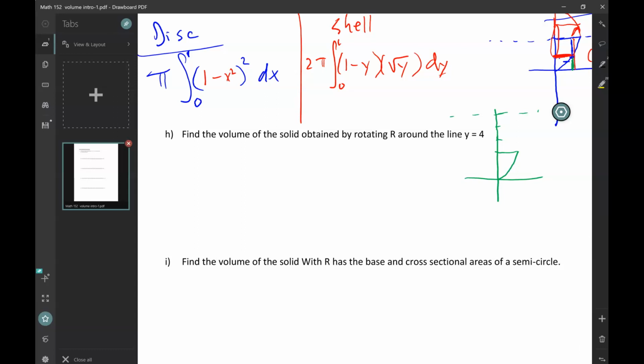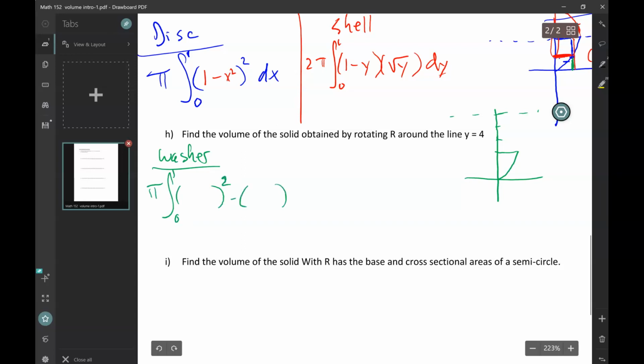Let's do the washer over here. We know that's going to be pi times the integral from 0 to 1 of big R squared minus little r squared. And we're rotating around a horizontal line, so that means my washers are going to be stacked. They're going to be set next to each other, so that's going to be a dx.